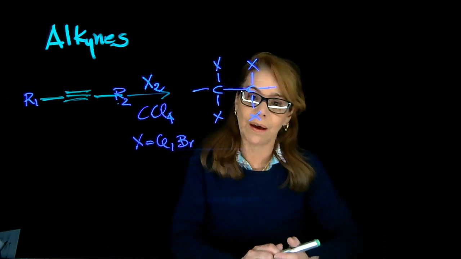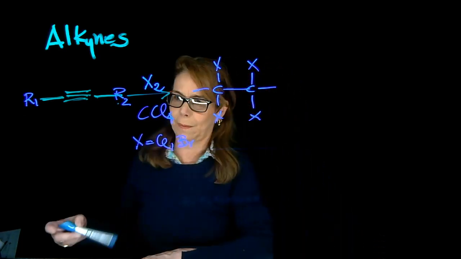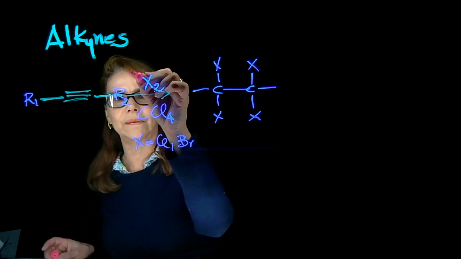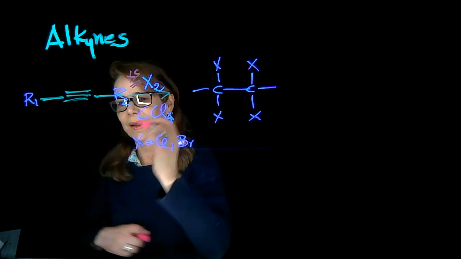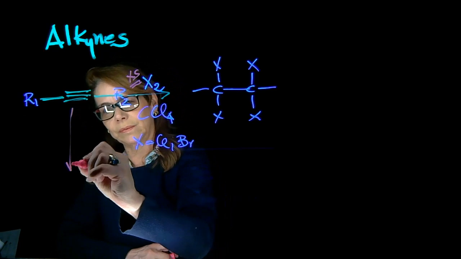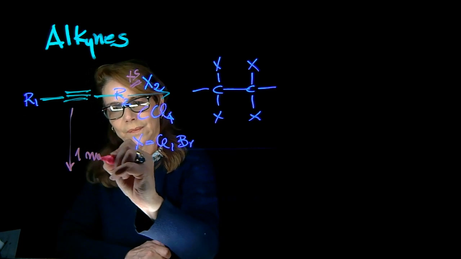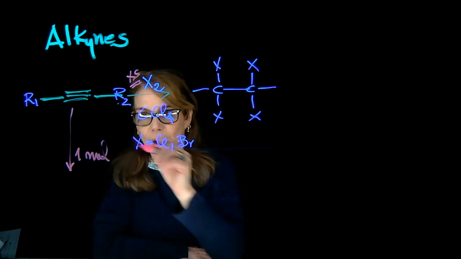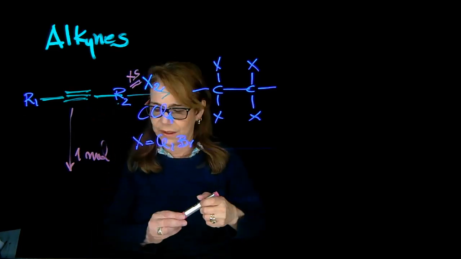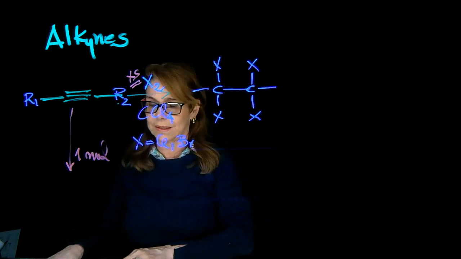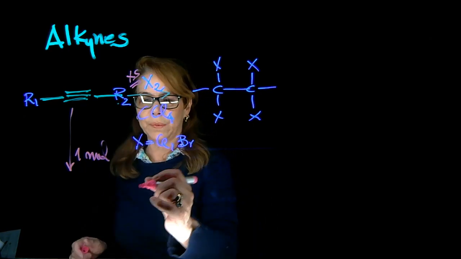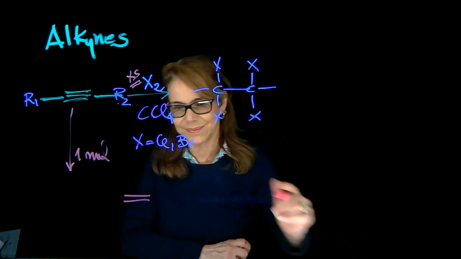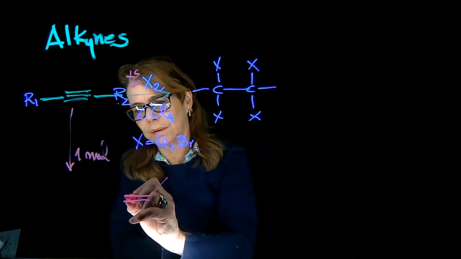And if we have only 1 mole of halide, then we're going to add across the triple bond 1 bromine and 1 bromine. What is found here is that the major product, if you add 1 mole, would be the following.